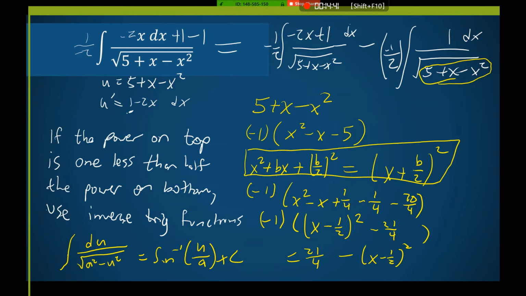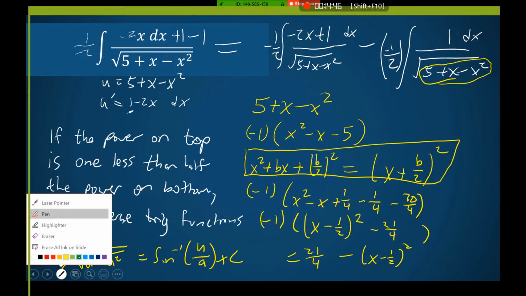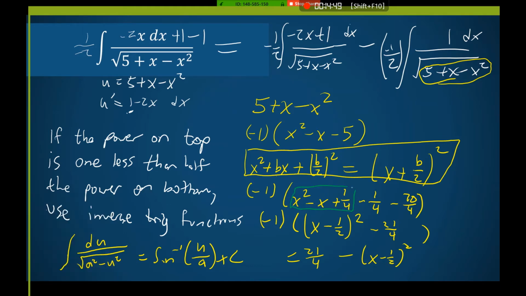I'm intentionally adding a 1/4 here because x squared minus x plus 1/4 is a perfect square. It gives me the same two factors that I can multiply together to get this. As long as you're in this form, x squared plus bx plus b over 2 squared, you'll be able to factor into two of the same factors.